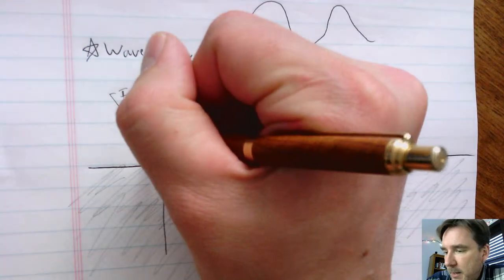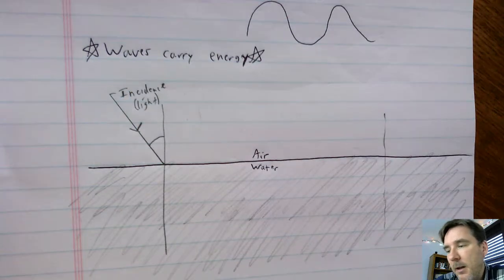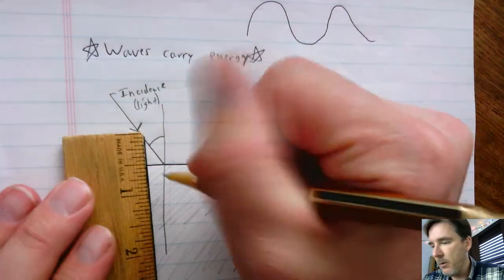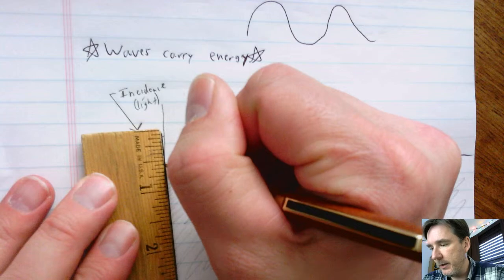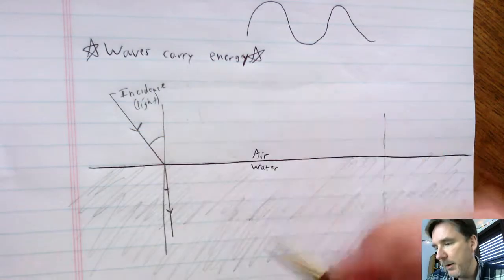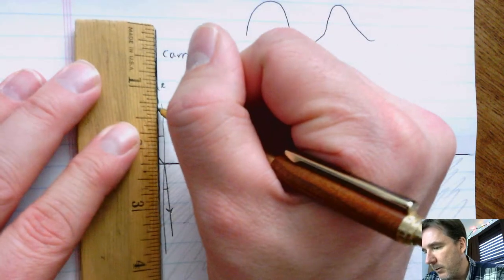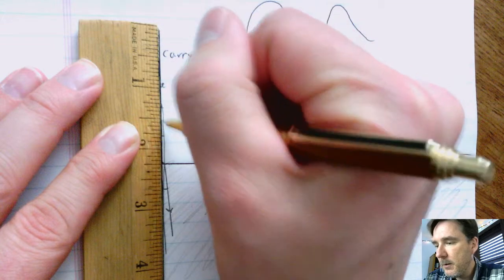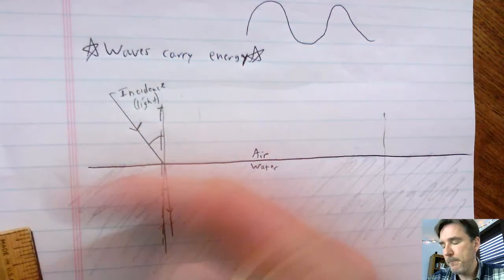Coming in at a certain angle, like I said, when it's going into water, it's going to bend inward. It's going to bend toward that normal line. Maybe not that much, but let me just fix up this normal line a little bit here. Okay.